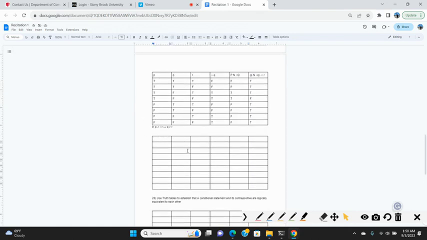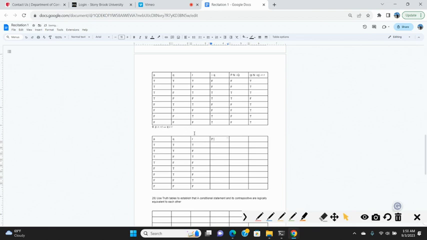And now let's try another one. So P, Q, R, T, T, T, T, F, F, F, F, T, T, F, F, T, T, F, F, T, F, T, F, T, F. So what we can immediately do is, again, I'm also going to just skip a step in validating negation of R here.